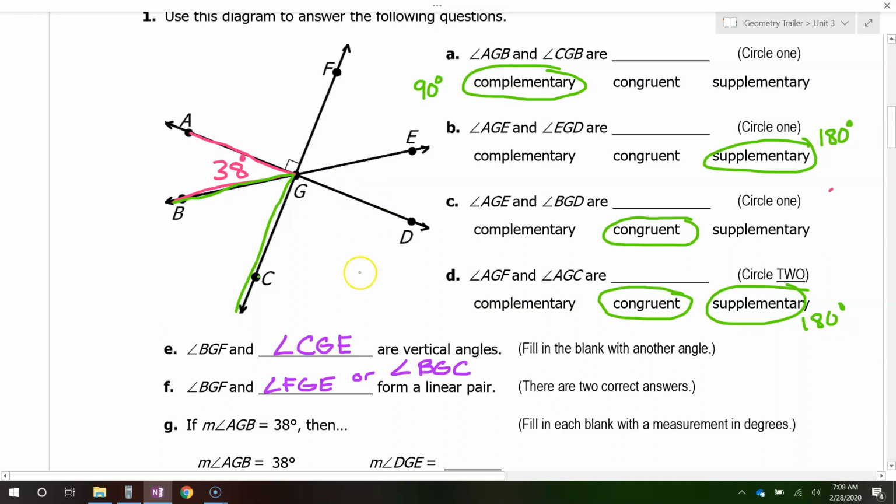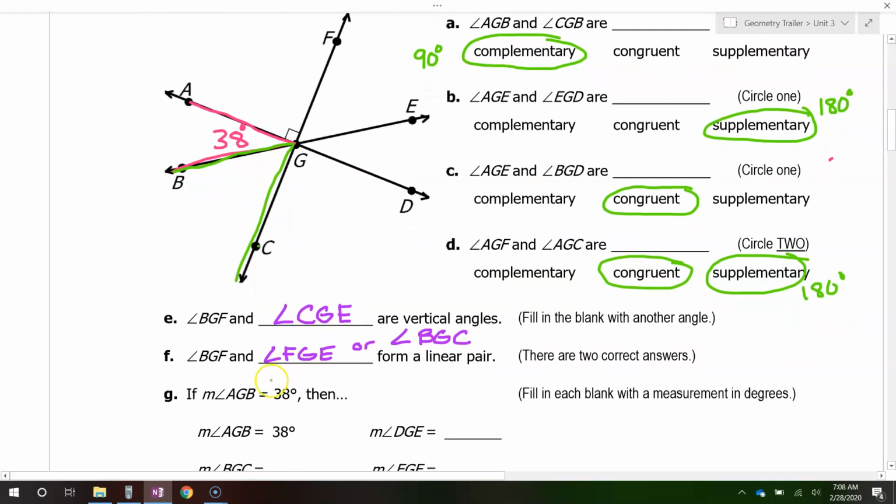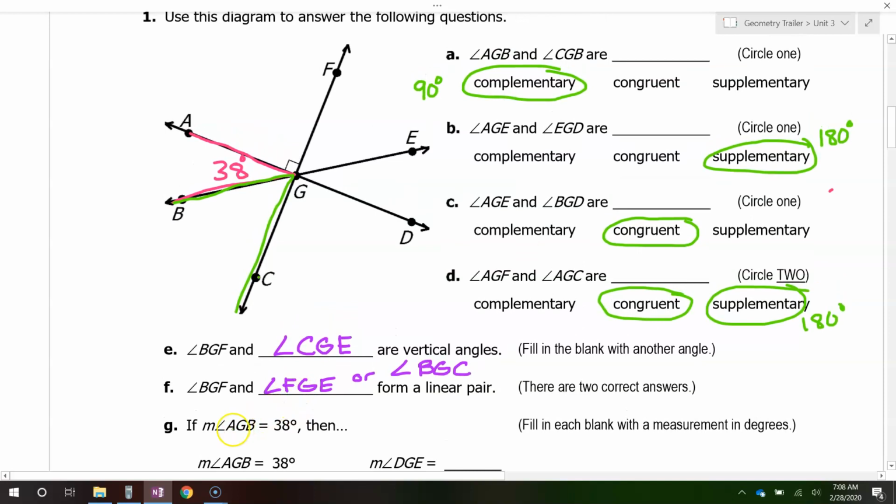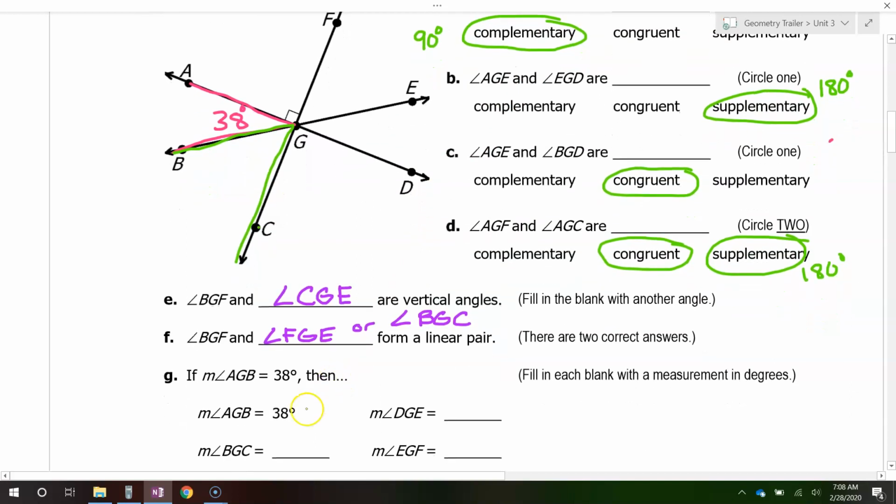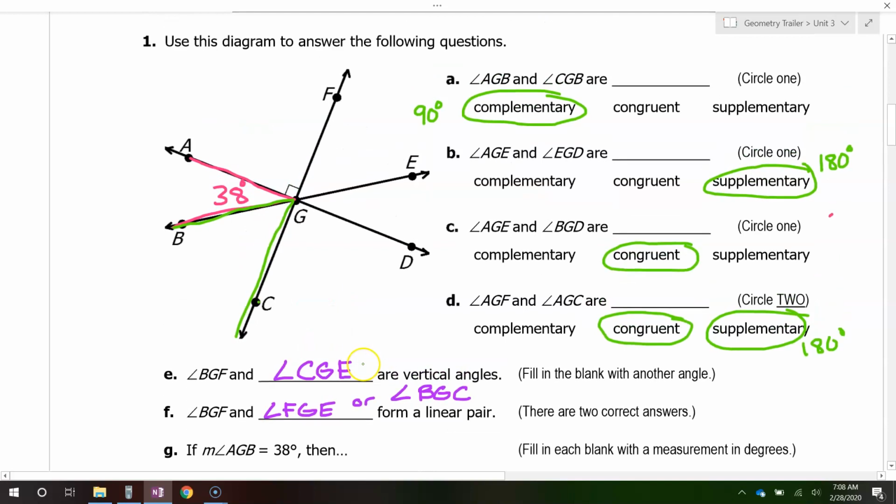All right, well, these are complementary. I guess we talked about this up here, angle AGB and angle BGC are complementary. Together, they form a 90-degree angle. So this angle right here is clearly a 90-degree angle because it is back-to-back with this other 90-degree angle.